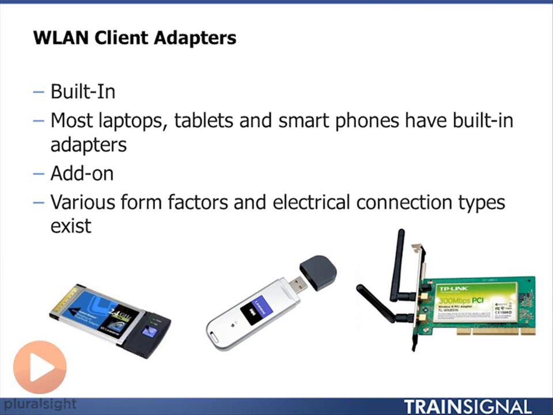It's also possible for you to buy adapters so you can add Wi-Fi to a device that's currently not wireless enabled. I recently connected my desktop on a wired connection. I have it wired in my home, but for various test reasons I decided to put a wireless adapter to it. And I bought an adapter much like you see in the middle here.